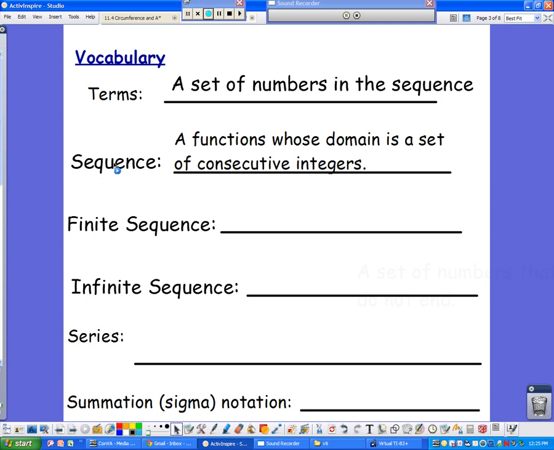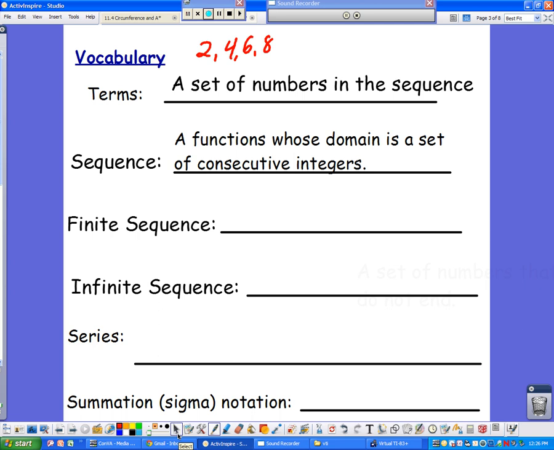So when we look back at our 2, 4, 6, 8, the 2 is a term, 4 is a term, 6 is a term, and 8 is a term. When you're looking at all 4 numbers, that's called the sequence. The 2, 4, 6, and 8, that is the sequence. Okay.